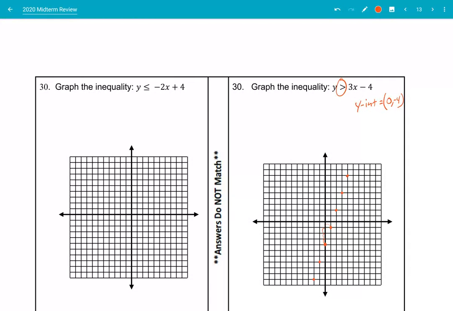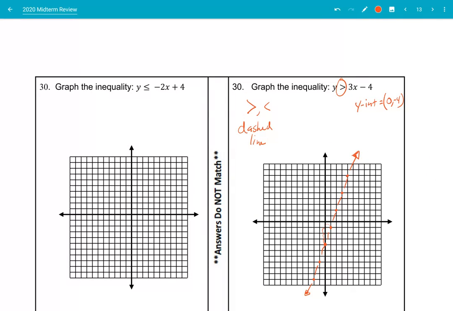This tells us something. This means you use a dashed line. So let's draw out some dashes here. There we go. Dashed.